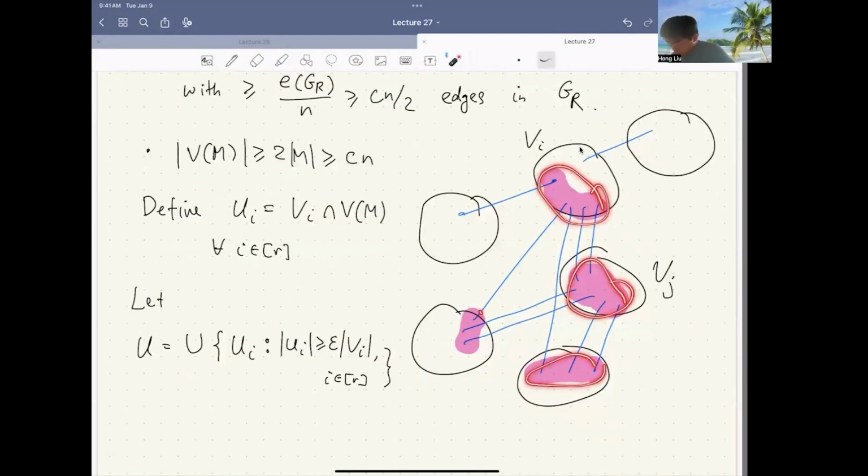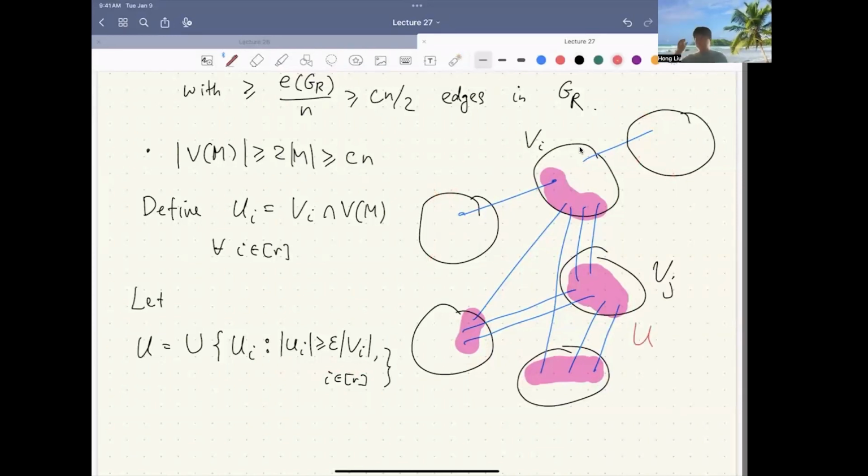You only keep those that are large, taking up an epsilon proportion. You throw away the rest. Now this is my U. Good. And now I look at M restricted to this set U. The first thing to notice is that at least one matching edge survives.